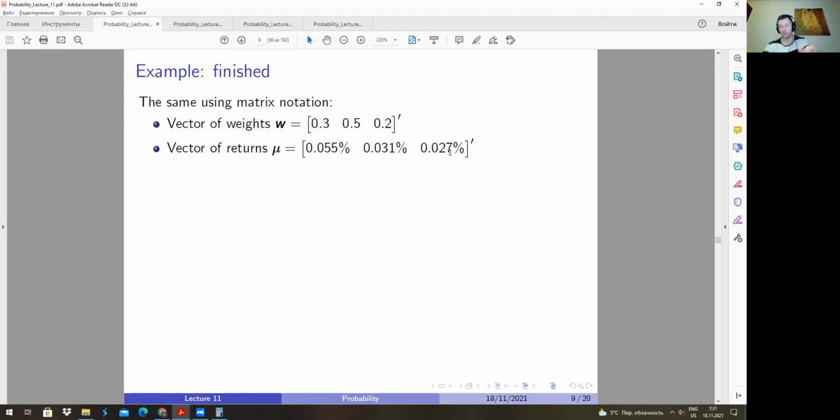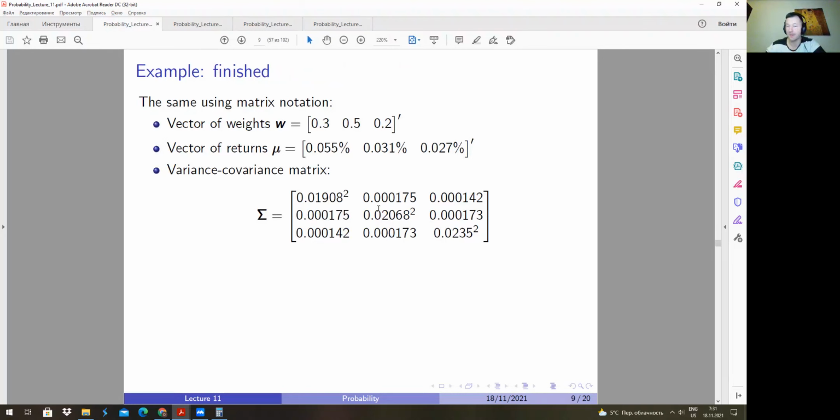Once again, this is the column vector given this transpose sign. So here is the variance covariance matrix. I grouped all the data about standard deviations and covariances into the matrix. Look, on the main diagonal I have variances, so the standard deviation squared, and off the diagonal I have the covariances.